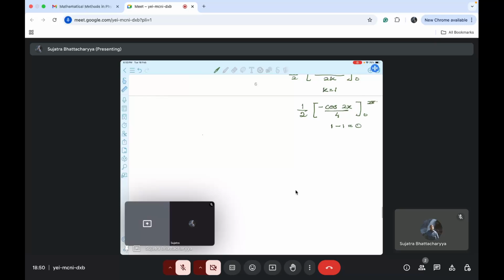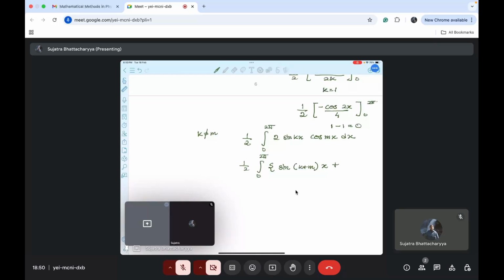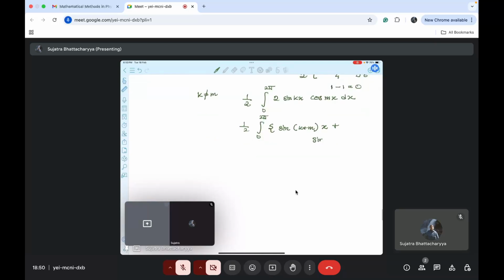Now, if k is not equal to m, then also, half, if you just do the integral of 2 sin kx cos mx dx, what you will do is the integral from 0 to 2 pi of sin of (k plus m)x, writing this expression in terms of trigonometric identities, plus the sin of (k minus m)x, dx.